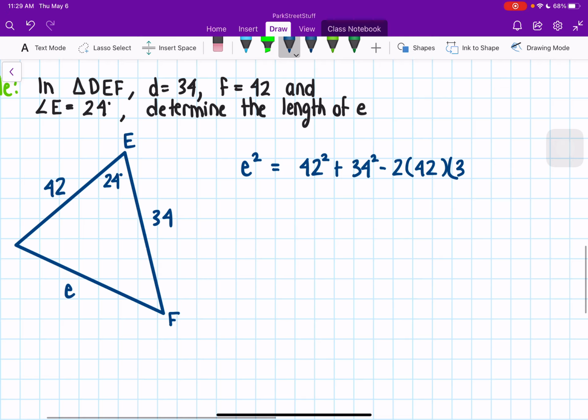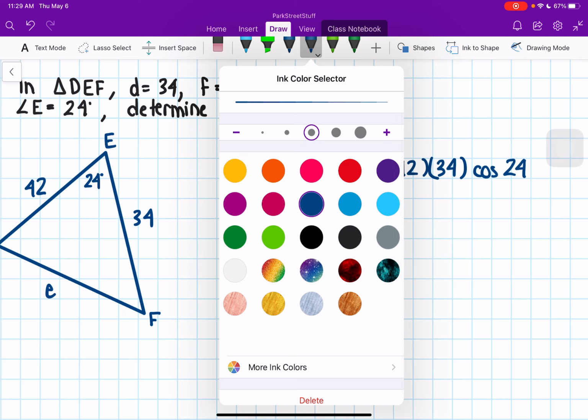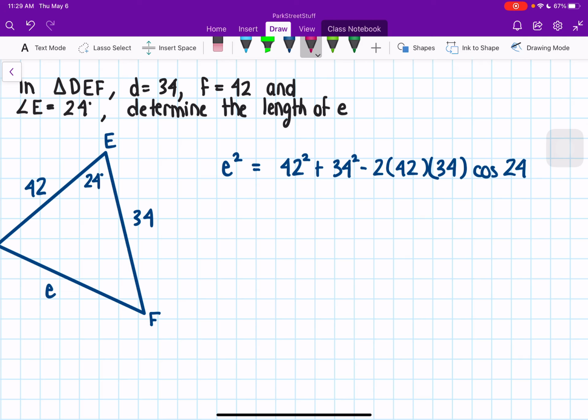Times 34 times cos of 24. So remember, this is giving us E squared, and we don't want E squared. We want E by itself. So all we're going to do is type in that square root sign in our calculators, which then allows us to have E by itself. Okay, so we're going to put all of that into our calculator now.